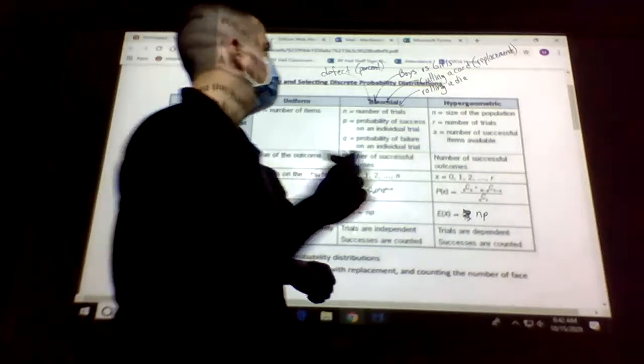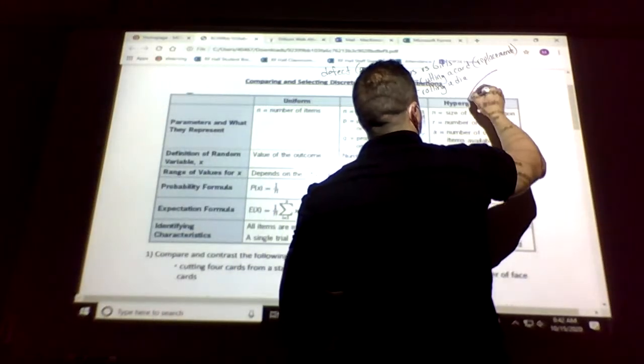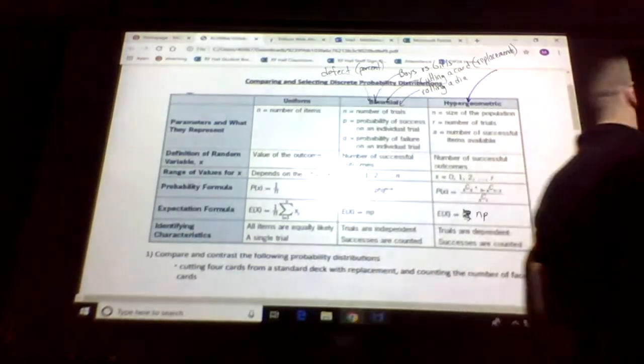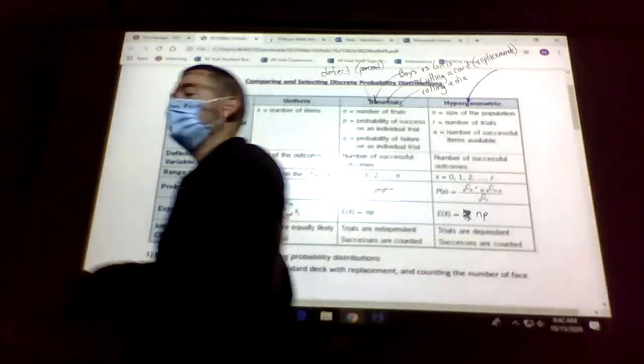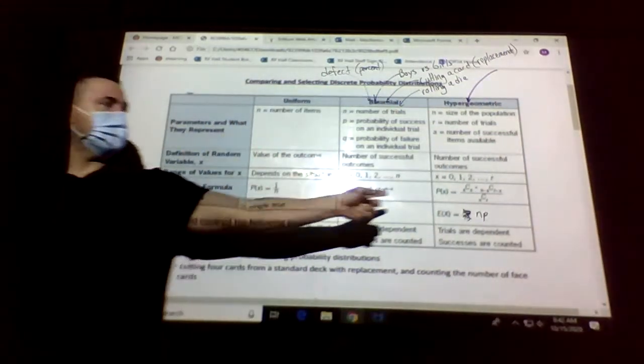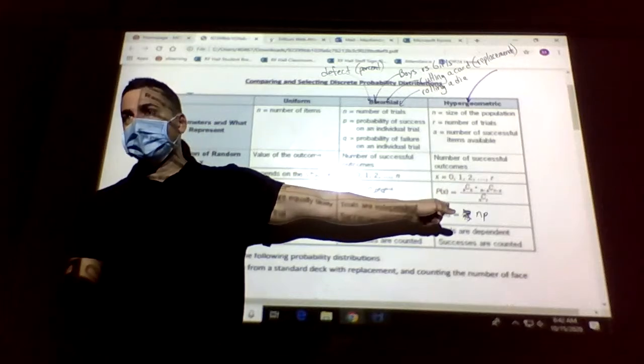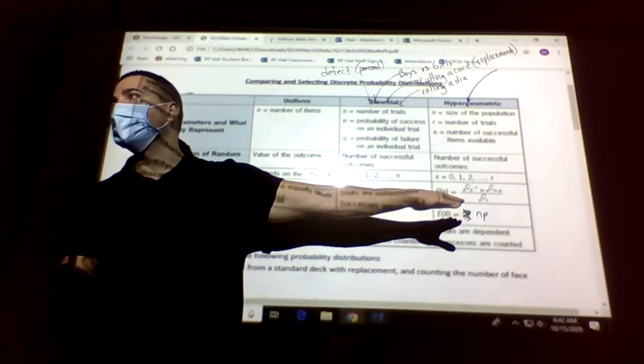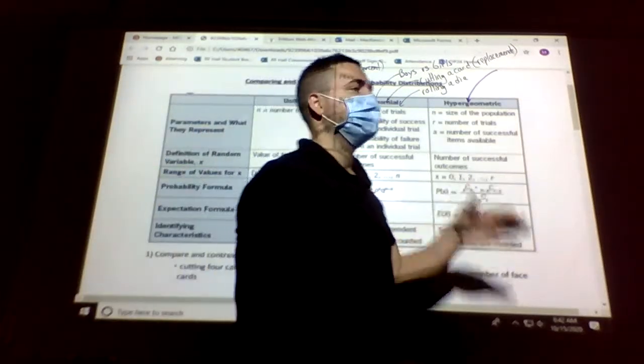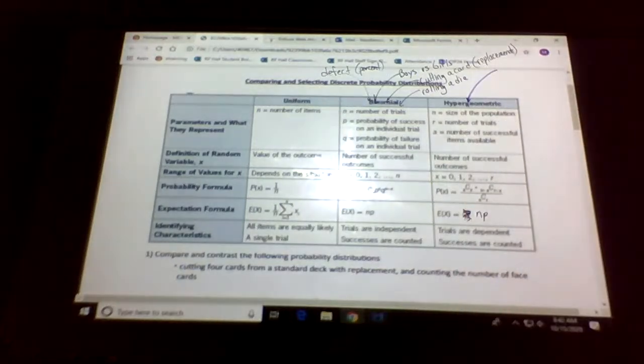The major one for hypergeometric, actually, maybe I should ask you guys. This is the same formula as chapter 3, with combinations. They just use fancy letters. It's the same thing we did in 3.5 with probability.